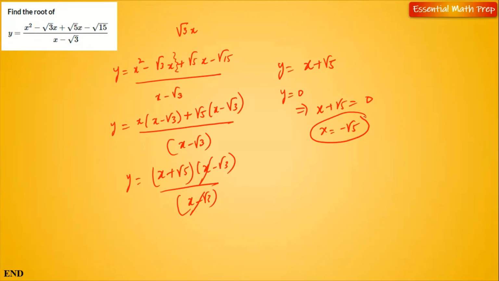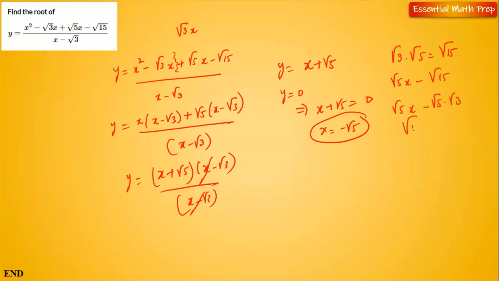So you may be wondering, how do I know if I take root 5 out, I'm going to get root 3? Well, the way it works is when you multiply root 3 times root 5, you get root 15, right? So if you have root 5x minus root 15, that's the same as root 5x minus root 5 times root 3.